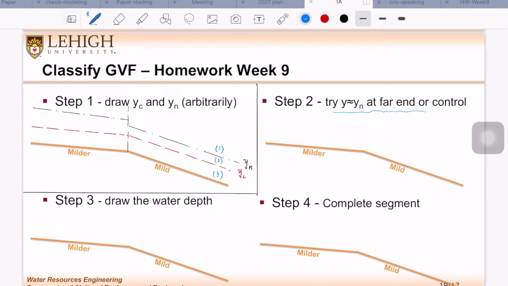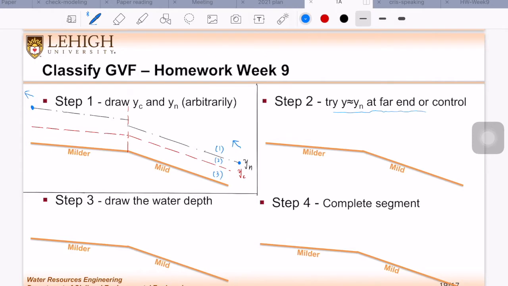So we'll assume this point and this point, the water depth is the normal depth. And since we know the water depth is greater than the critical depth, we will draw the water depth from the downstream to the upstream, similar to this point.